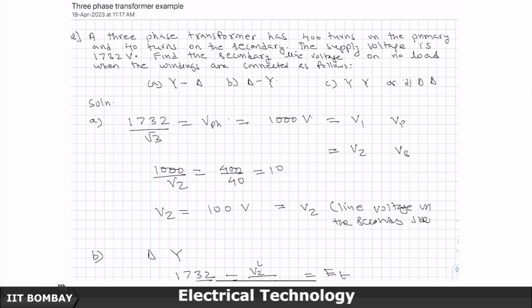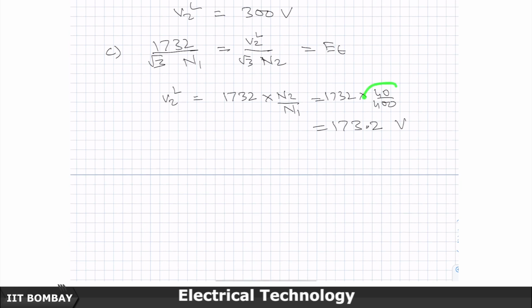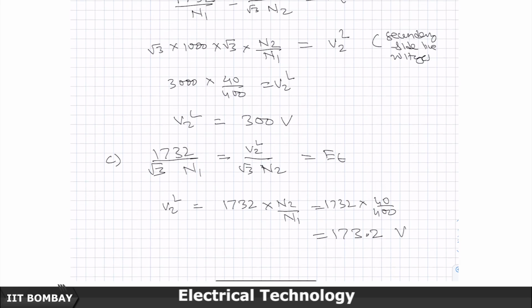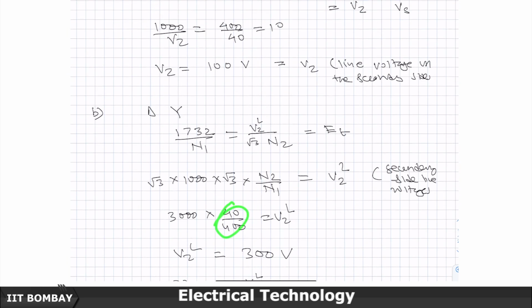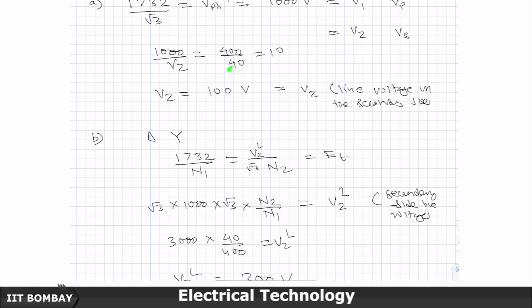So the turns ratio is 40 to 400, yeah, so 10:1, 1 by 10. So that is correct. So you will get 173.2, yeah. Again here 1 by 10, that is also correct, and here 40 and 400, so 10 turns ratio, yeah.